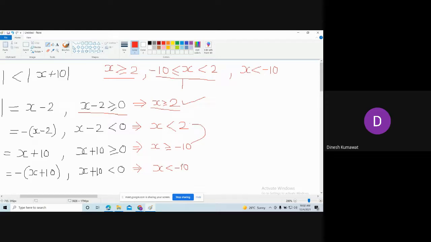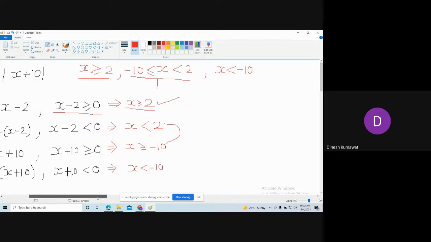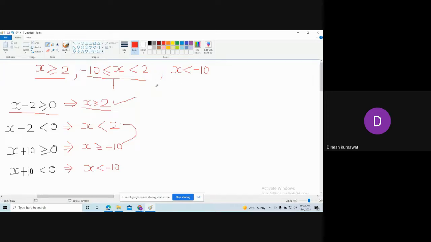Now in my last lecture, case number 2 is clear and that is the correct one, but we made some mistake in case number 3.